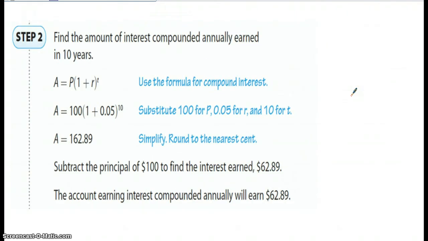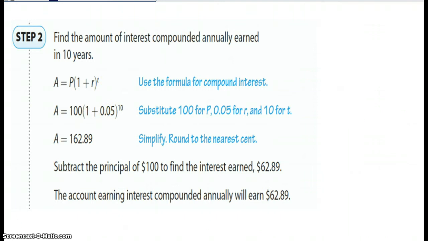So here we're talking about compounded annually in 10 years. So the formula is a little different. Instead of principal times rate times time, we're going to multiply the principal amount, which is $100, times 1 plus the interest rate, and we're going to raise it to a power.